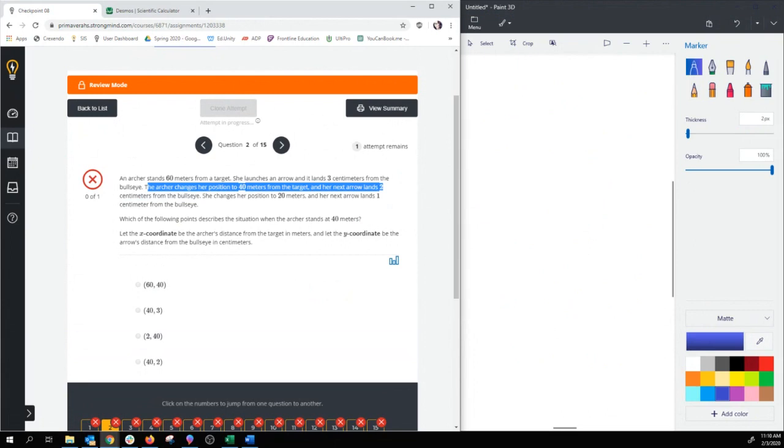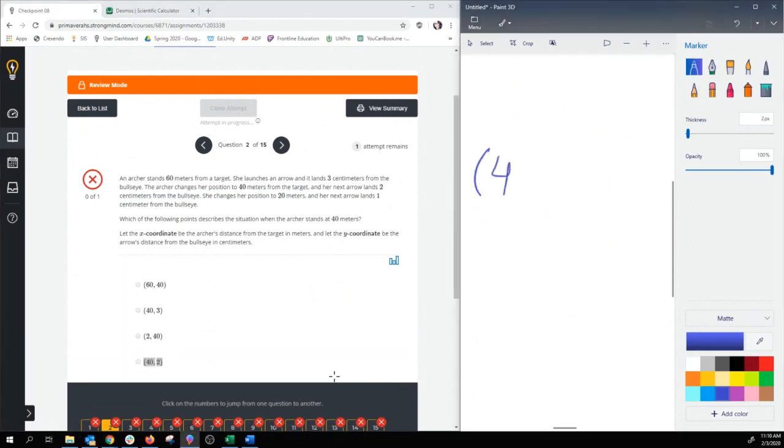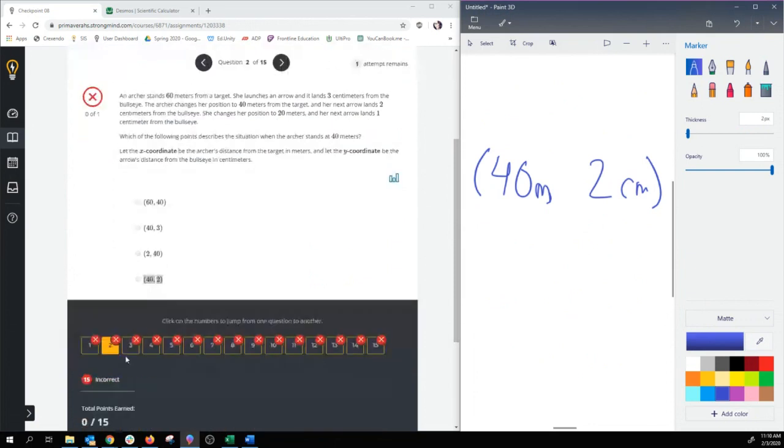So you guys are correct, because if I were to read this in the order that it's written, I would have 40 meters from the target lands the next arrow 2. So the 40, 2 would be correct here. So 40 represents our meters, and then 2 represents our centimeters from the target. That's it. We good to go to the next one?